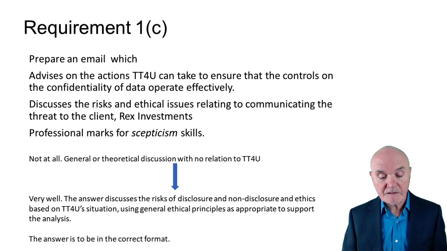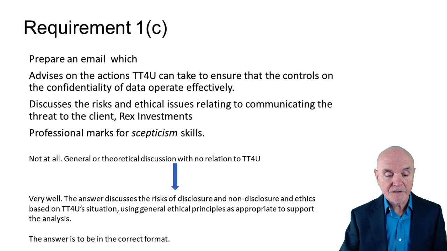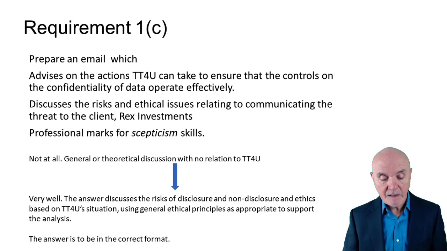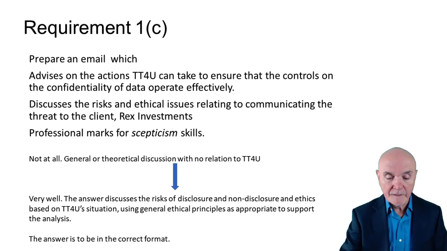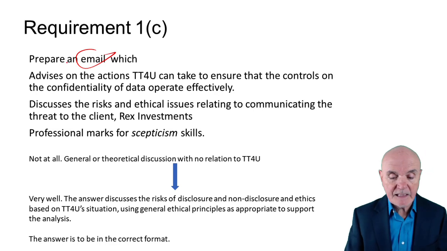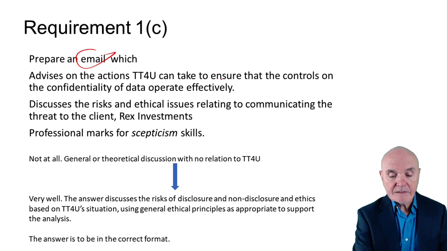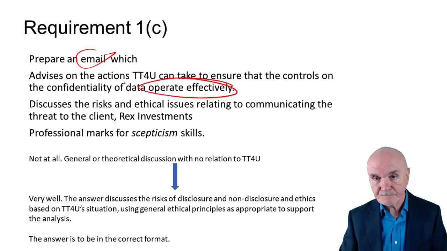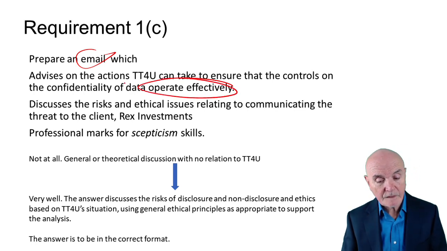Do very well if it discusses the risks of disclosure and non-disclosure, the ethics, and I should also, of course, talk about the controls and confidentiality of data, using general ethical principles as appropriate to support the analysis in the correct format. So what we're looking at here, it has to be an email. It's not asking us about the controls and the confidentiality of information. It's that they operate effectively, which is a different thing.